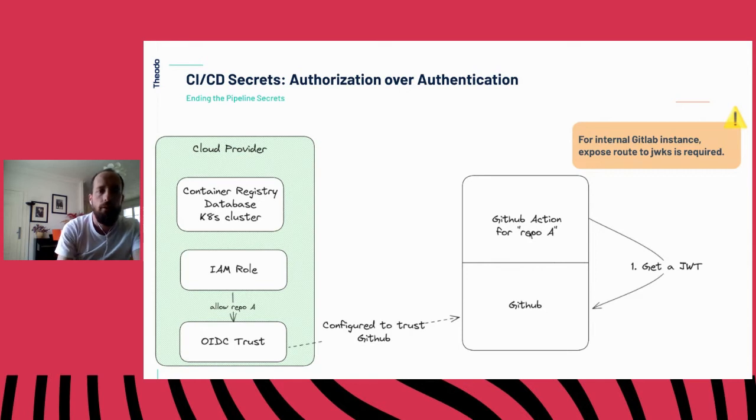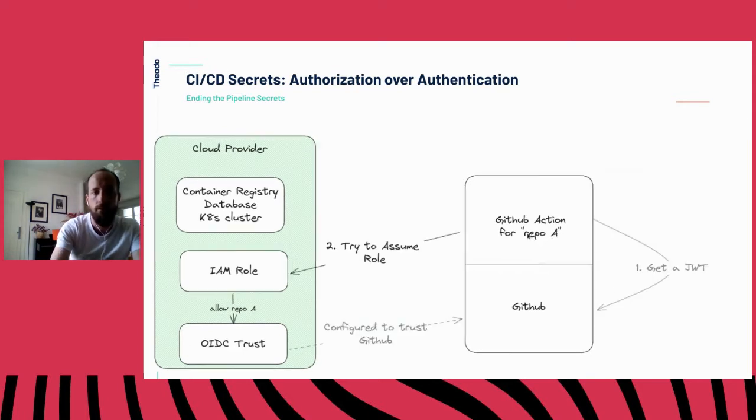Whenever a repository, for example repo A, tries to connect, it will first generate a JWT and present it to the cloud infrastructure.